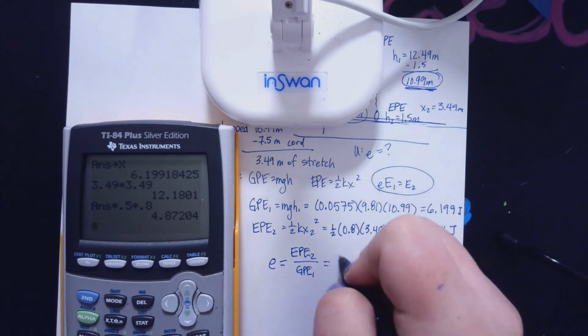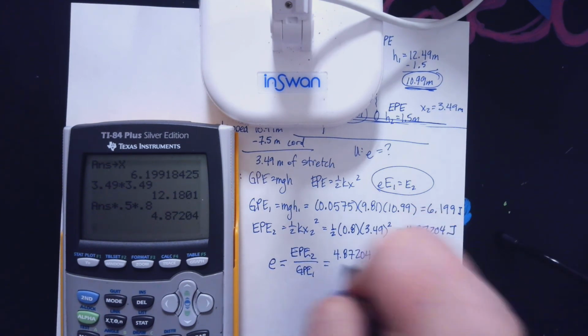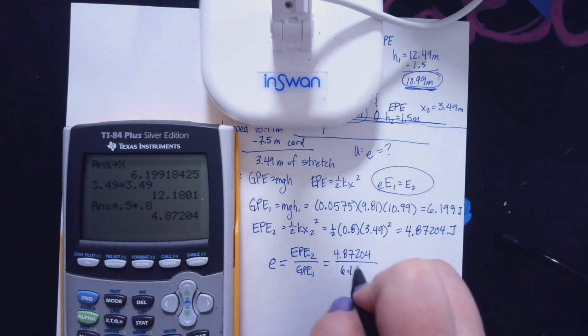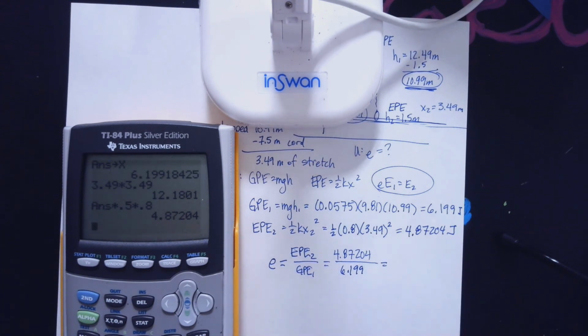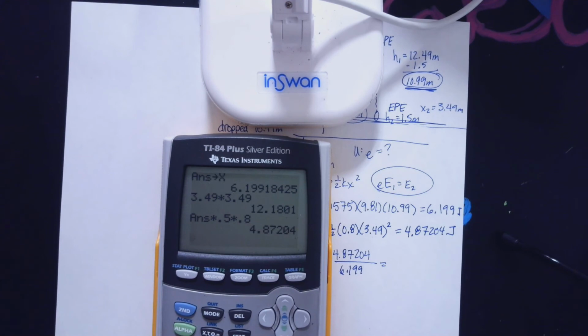So it's 4.87204 divided by 6.199, which again, I saved that exact value in my calculator. So I've already got that 4.87204 up. I'm just going to hit divided by, and then I'll hit X, and I save that 6.199 in for X, and I get this number.